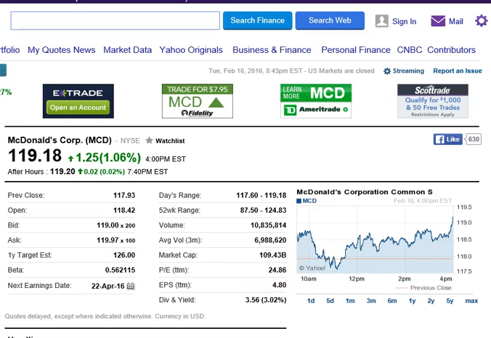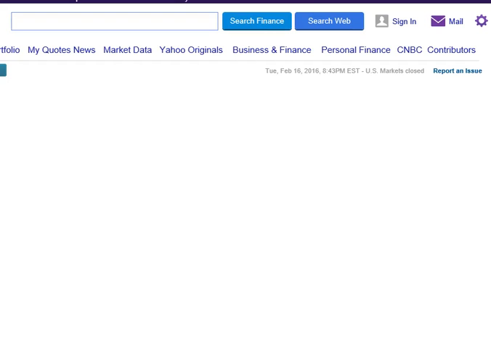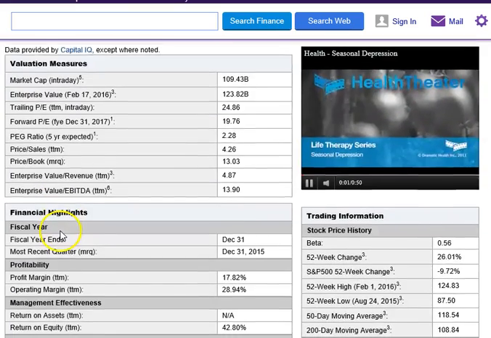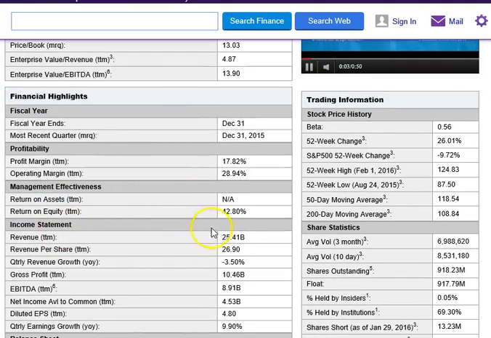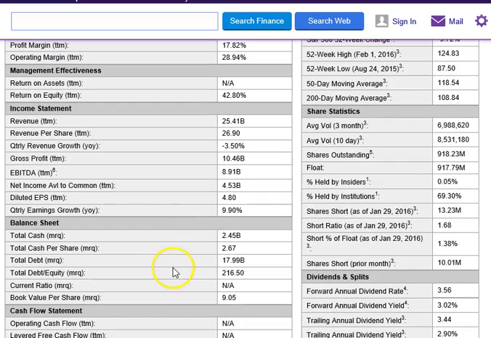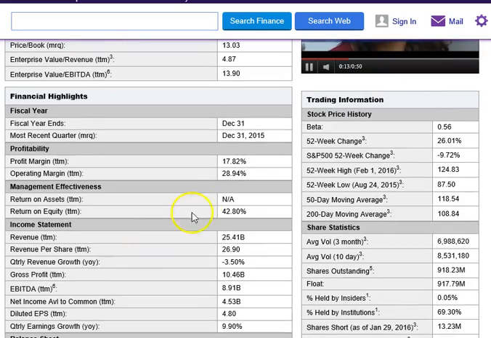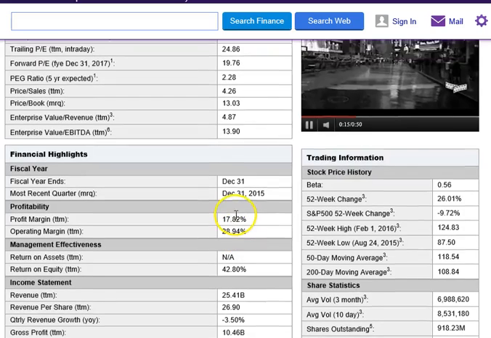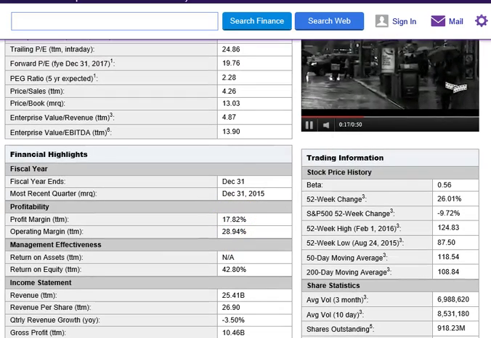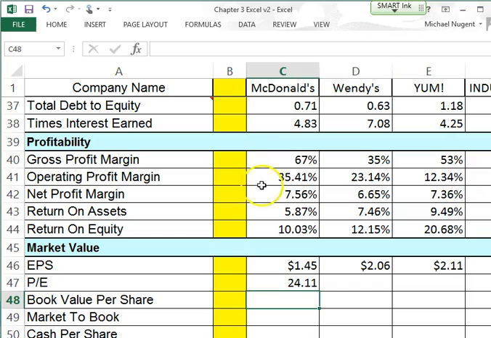And remember we saw the revenues of McDonald's were 22 billion. Now it's up to 25 billion. Just looking at this, return on equity is now 42. This is just McDonald's as it is today. I just want to see if their PE has changed a great deal.